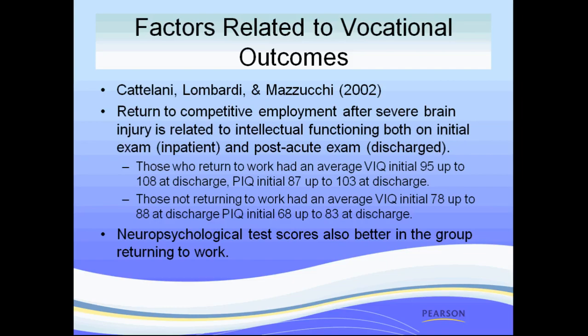But if they're really, really impaired, in this study those who initially had IQs in the 70s and 80s when they were first evaluated may not gain enough to be functional and get back to work. So when we get information about what their functioning was after the injury, we can say, well, gee, this is a kid we need to really put resources around and really help out because they're going to really struggle.